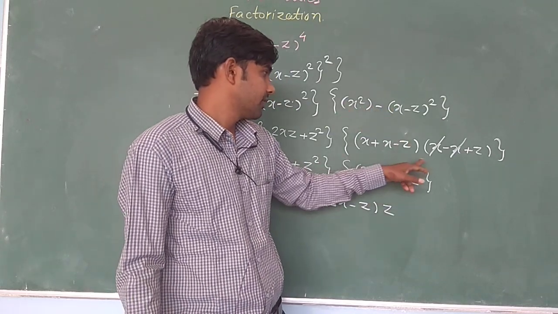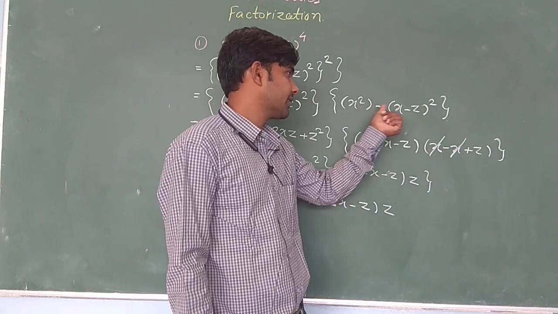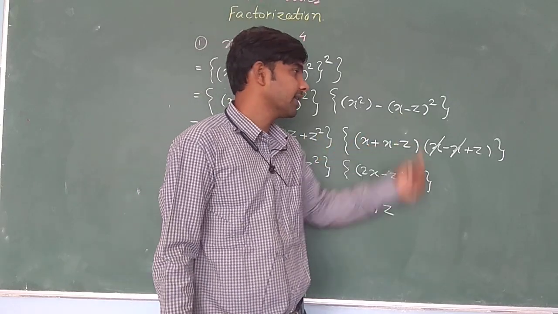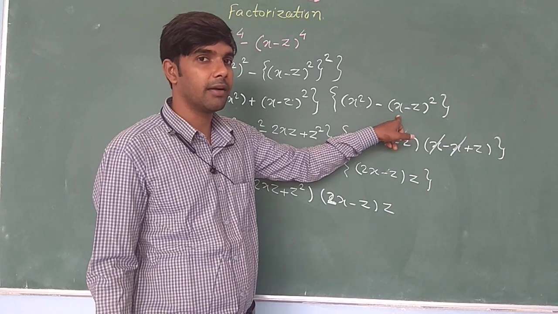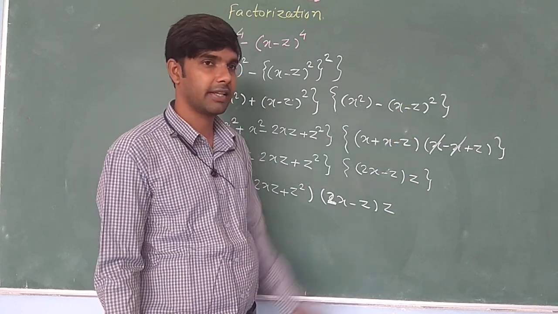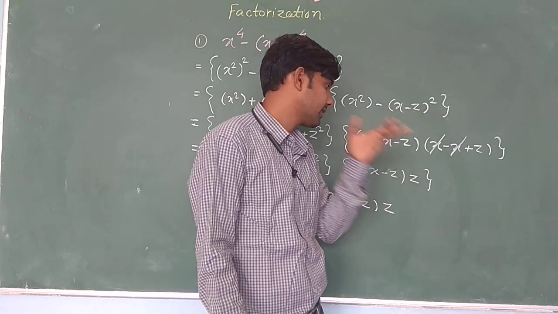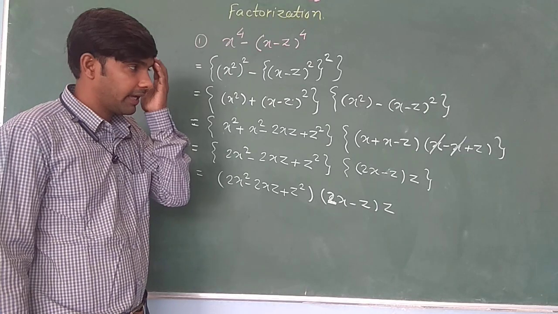And here x minus x plus z, because we are subtracting x minus z from x, so we have to change the sign of the second expression x minus z. So plus becomes minus and minus becomes plus. So x gets cancelled, and these are the factors of the given algebraic expression.